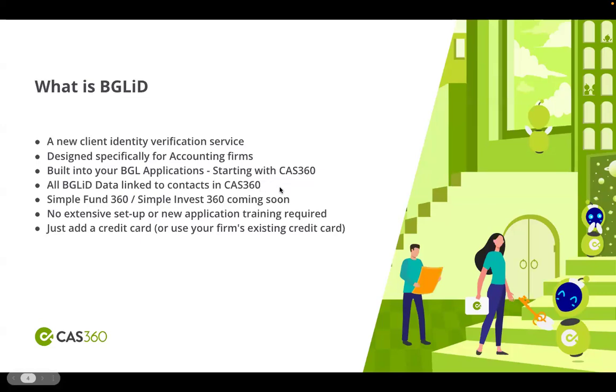And because of this, all the ID verification data can be linked to the contacts in CAS 360 as well. So not only will those contacts have all the company and trust relationship information, they will also have all their identity verification information as well. This also includes AML screening and other things like that.